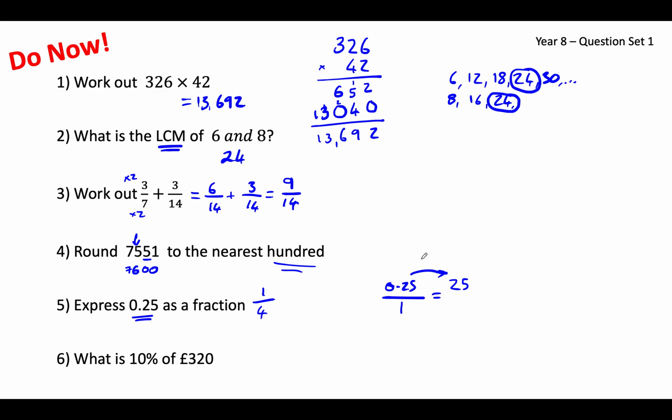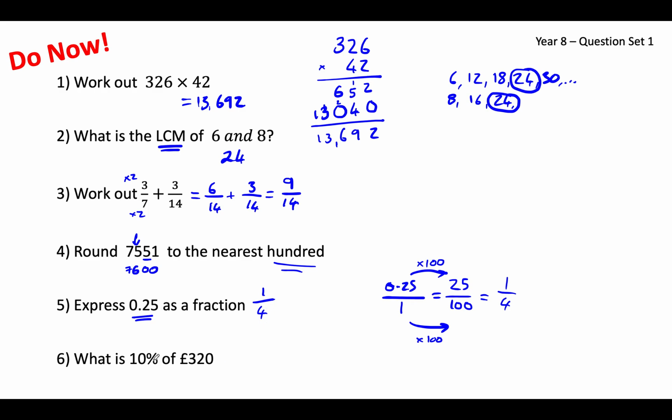Well, that's actually 2 places bigger. It's like timesing by 100. That moves it 2 places bigger. And of course, if you do that to the top of your fraction, you must do it to the bottom as well. And 1 times 100 is 100. There I've got a fraction, and then I just need to simplify it down, and I would eventually get 1/4. Okay, but I think in this case we could recognize that it's 0.25, which is a quarter.